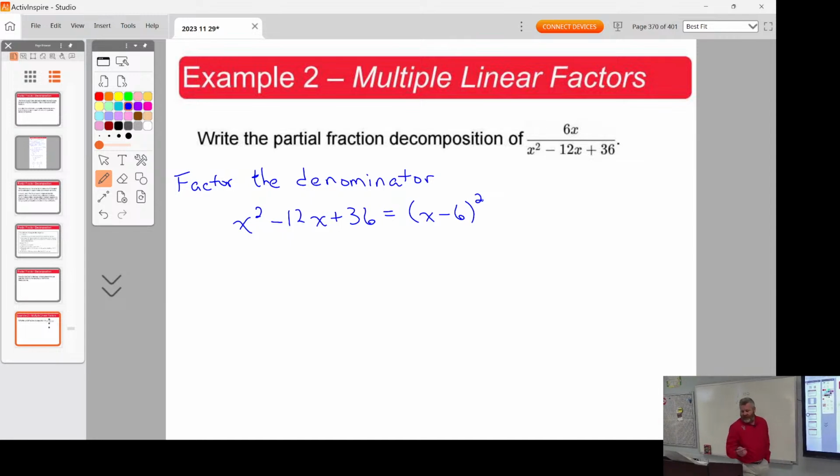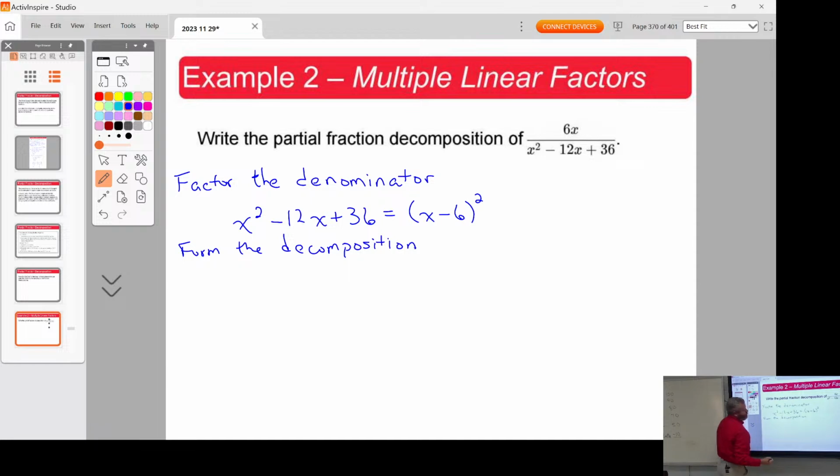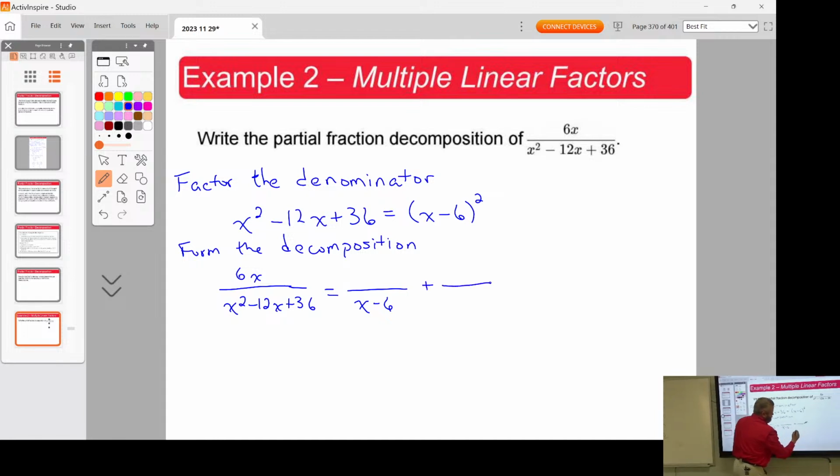All right, next step is form the decomposition. So 6x over x squared minus 12x plus 36 equals, one linear factor is x minus 6, plus the other linear factor is x minus 6, but I just told you we can't use the same thing twice.